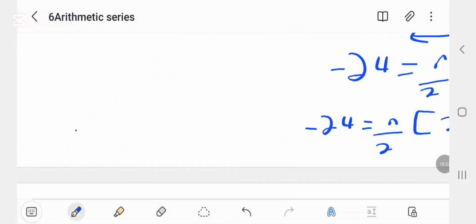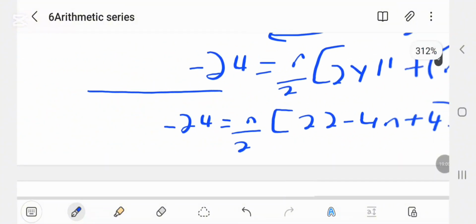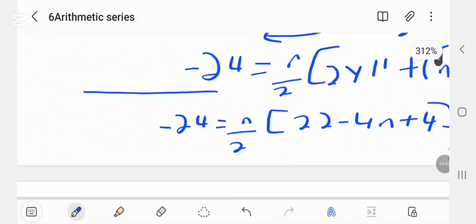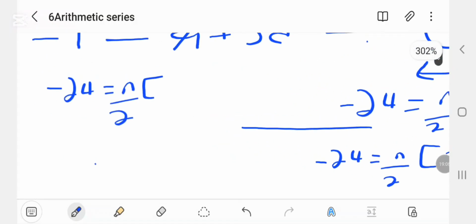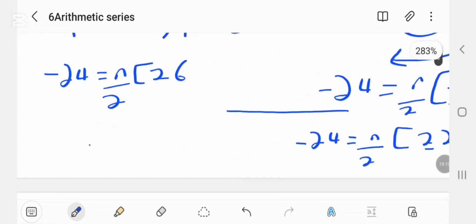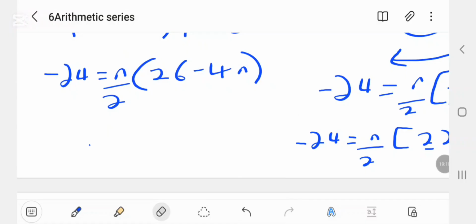So we have minus 24 is equal to n over 2. So 22 plus 4, this 22 plus 4 is 26. Then minus 4n. So now we don't have to use the square bracket because we're going to multiply inside the bracket. So let's just cross multiply those.